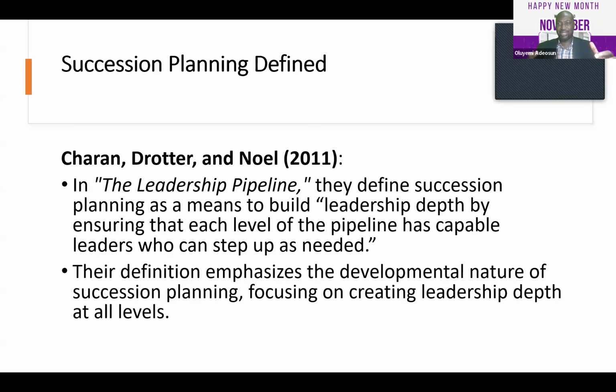So imagine a pipeline. There are multiple layers in the pipeline. So they see that each level of the pipeline must have capable leaders. So they are not just looking at only the top, they are looking at the value chain of the succession pipeline. This definition emphasizes the developmental nature of succession planning, focusing on creating leadership depth at all levels. So this is a possibility that you have a succession plan at all levels. In other words, all grades across the entire hierarchy.